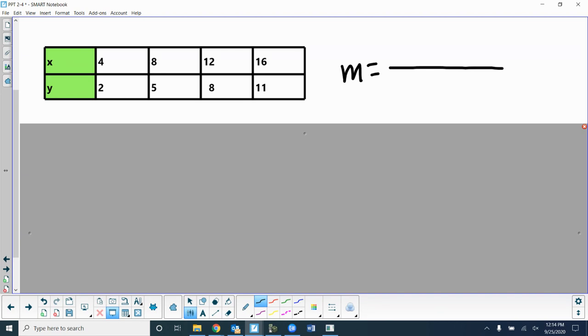Is that in the top or the bottom? I said, don't do that. Rise over run. Oh, that's fine. That's the bottom. Yes. What's the top? 5 minus 2. Good.